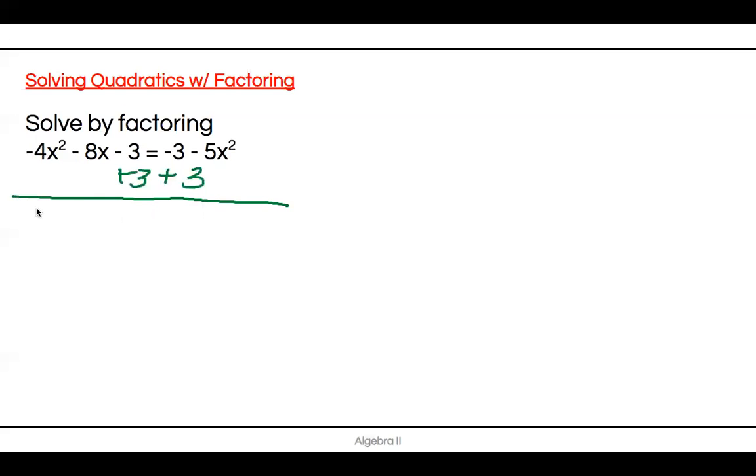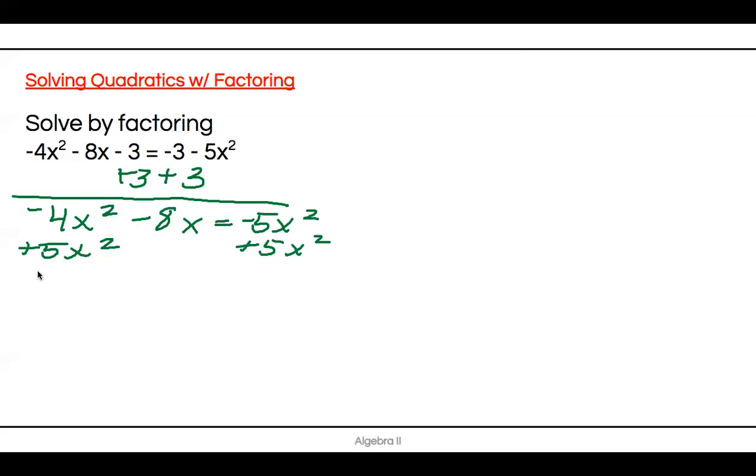So I have negative 4x squared minus 8x, negative 3 plus 3 is 0, is equal to negative 5x squared. Then I'm going to add 5x squared on both sides. And now I have x squared minus 8x is equal to 0.